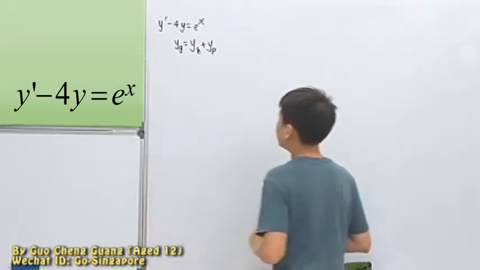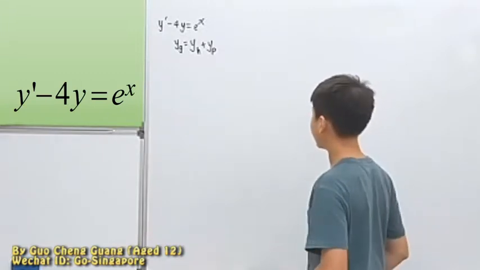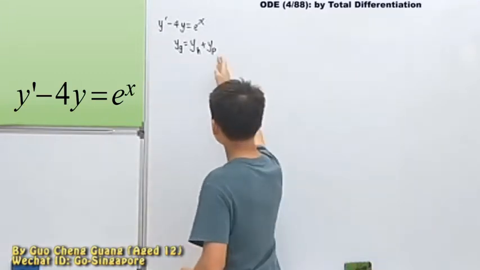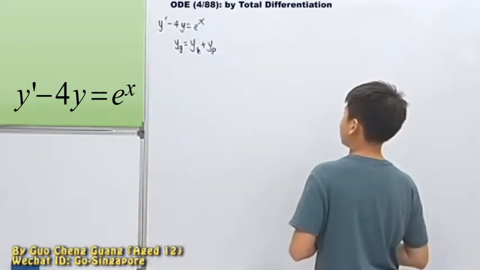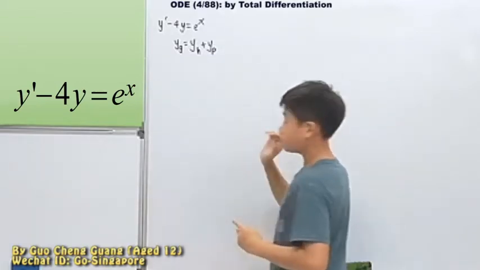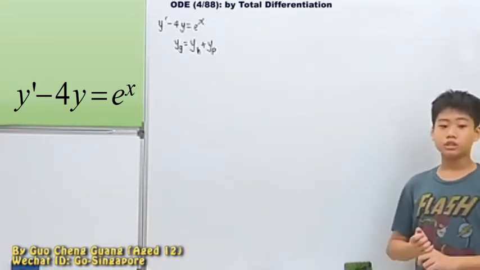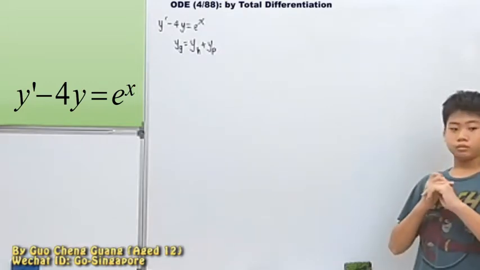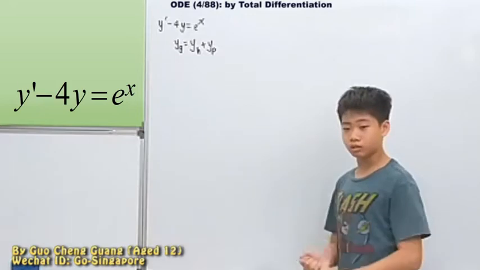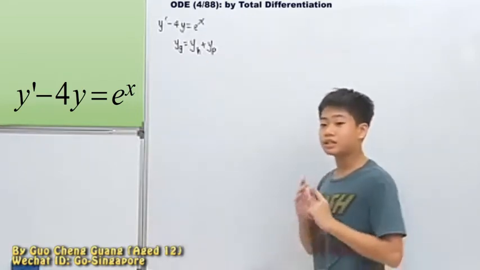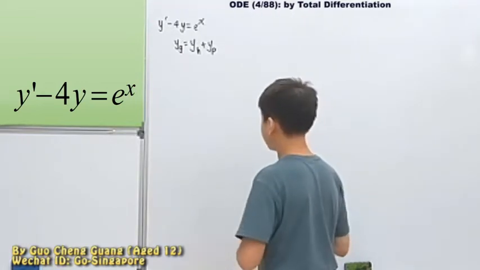Yh is the general solution for the homogeneous differential equation. This yp is the particular solution for the non-homogeneous differential equation.